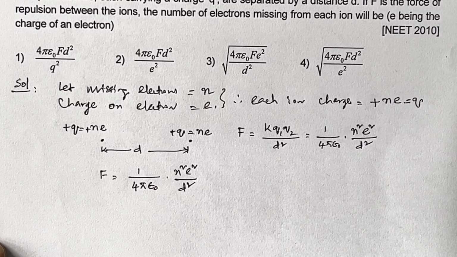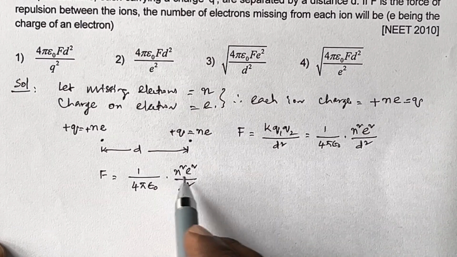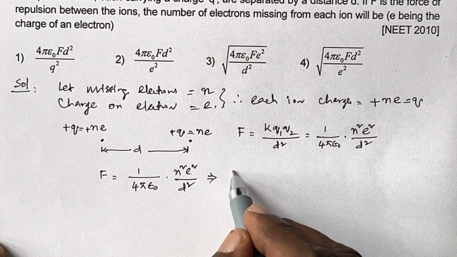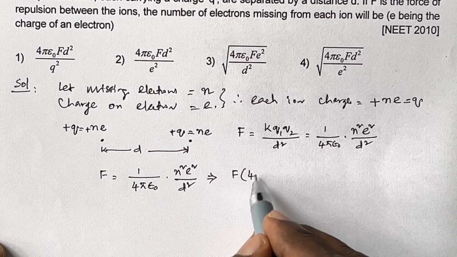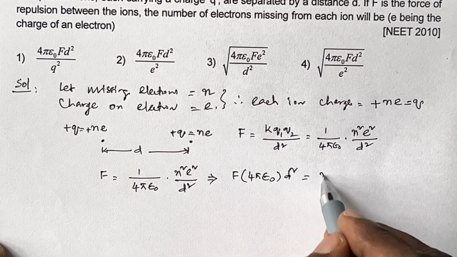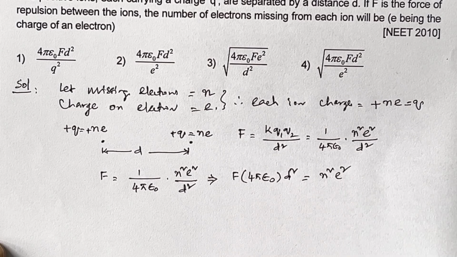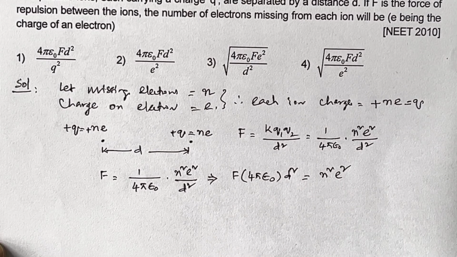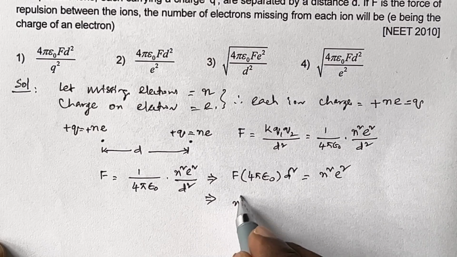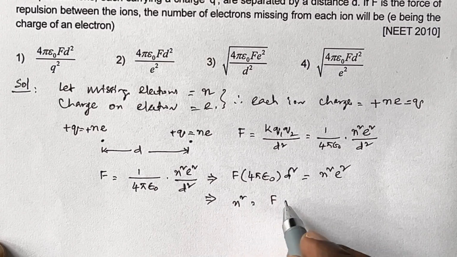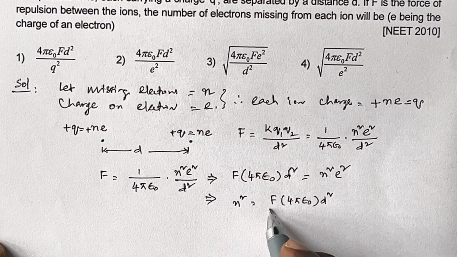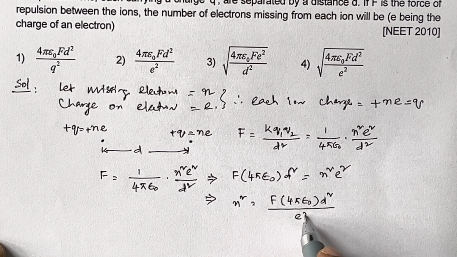This is the force. What value do we need? The n square value. So I will write F into 4 pi epsilon naught d square is equal to n square e square. So n is the value we need. That implies n square is equal to F 4 pi epsilon naught d square by e square.